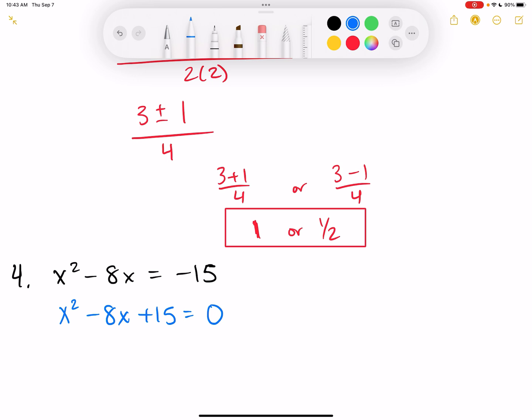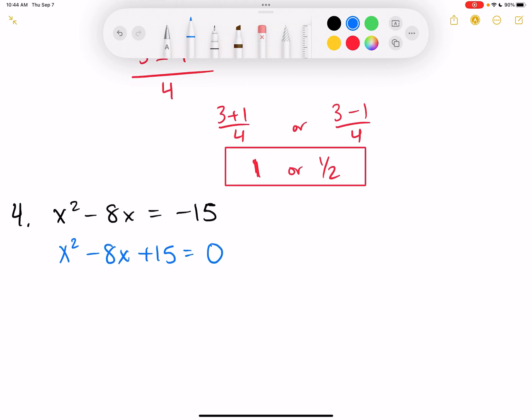No. Wait, why is yours on that side? Mine is right.